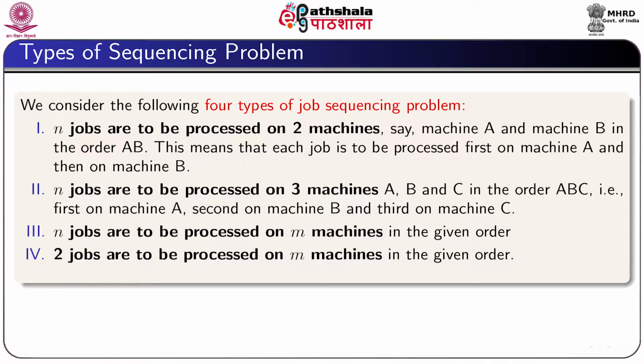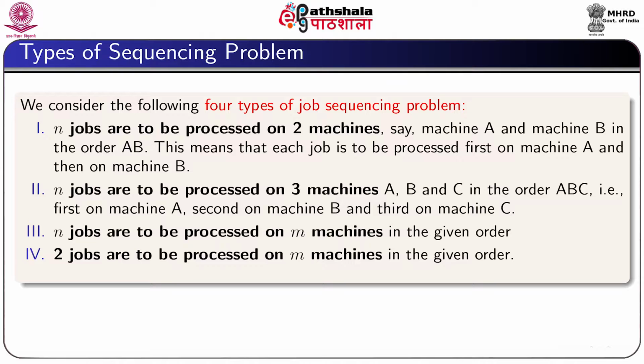In type 1, n jobs are to be processed on 2 machines, say machine A and machine B, in the order A B. This means that the job is to be processed first on machine A and then on machine B. In type 2, n jobs are to be processed on 3 machines A, B and C in the order A B C, that is, first on machine A, second on machine B and third on machine C.